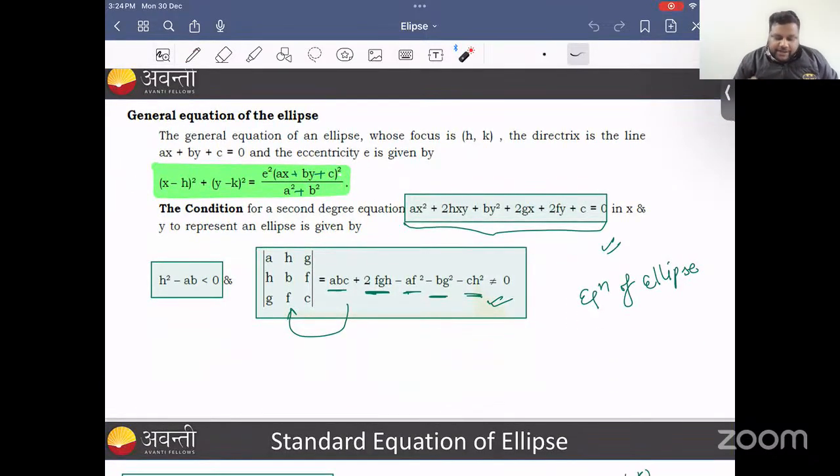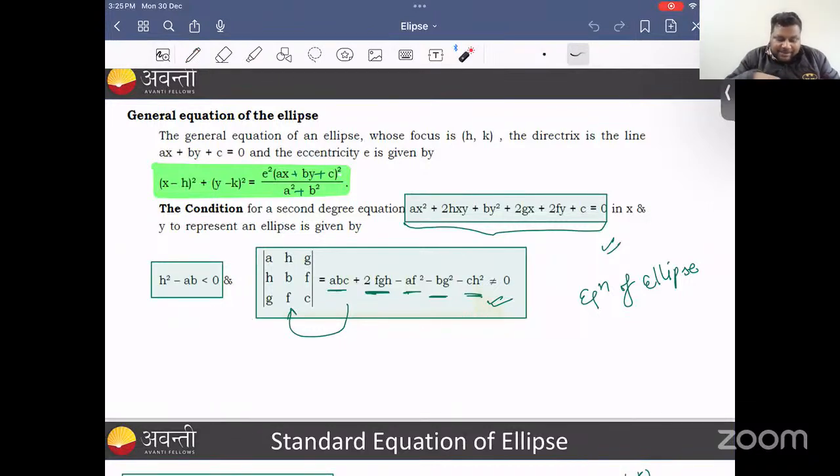If the fixed point, which is focus, is say h comma k, and this fixed line, which is what we call directrix, is ax plus by plus c equal to 0, then with eccentricity E, we get x minus h whole square plus y minus k whole square equals eccentricity square multiplied by the square of the distance of this point x comma y from this line ax plus by plus c. Am I clear?